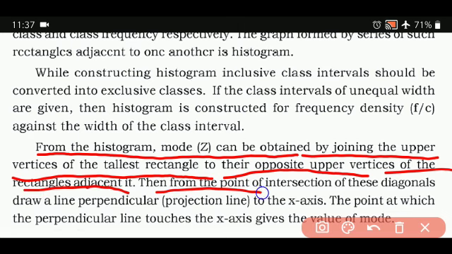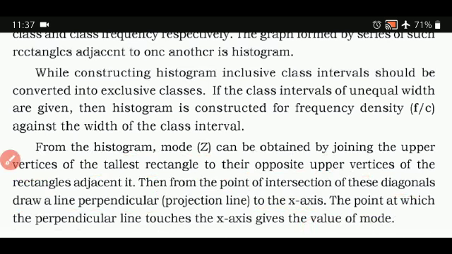Then from the point of intersection of these diagonals, we draw a perpendicular line to the x-axis. The point at which the perpendicular line touches the x-axis is the value of the mode. This theory part will be understood best when we actually solve an example on histogram and see how mode is calculated from a histogram.